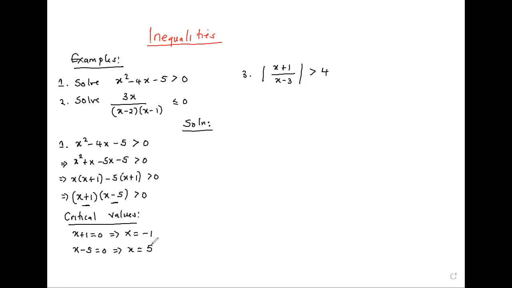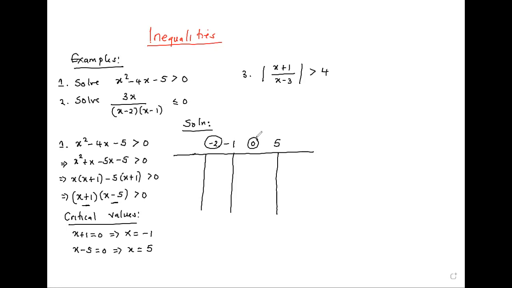And then we form a table using these two. So we'll put -1 and +5. Draw lines demarcating the two. Then we look for a number that is less than -1, any random number, say -2. We also look for a number that is between -1 and +5, say 0.